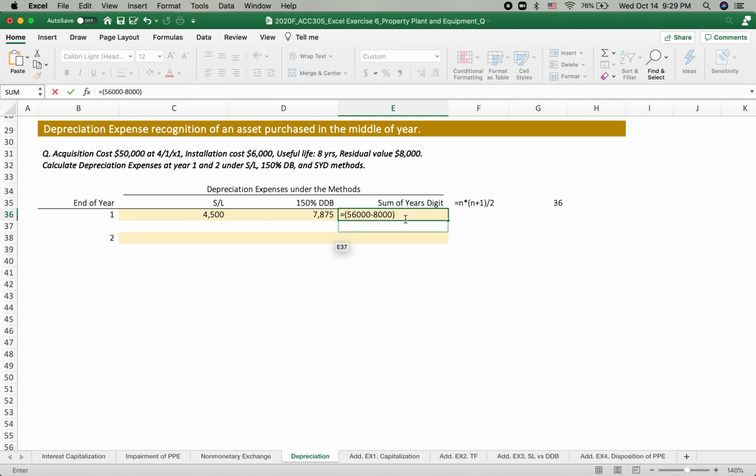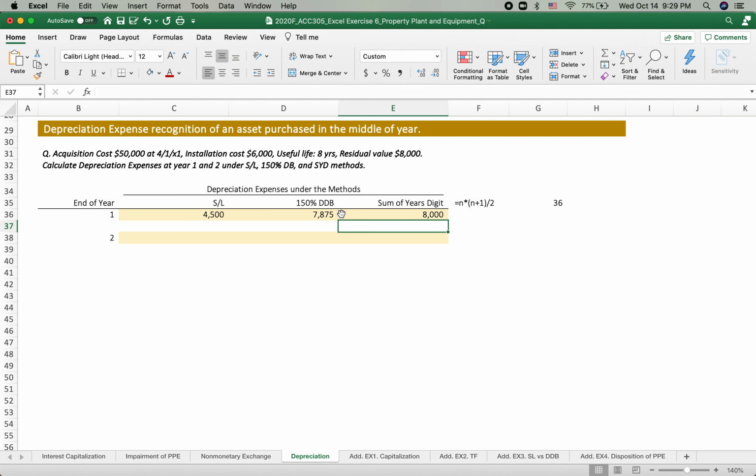And then times 8 years, because 8 years is the full life over which the company wants to recognize the asset cost. 8 years out of the full sum of years digit 36, and then times 9 divided by 12 months. So the first year depreciation expense under sum of years digit is $8,000.